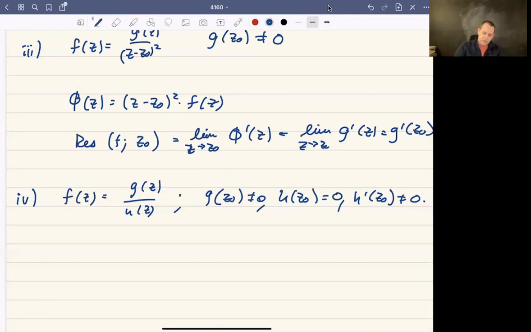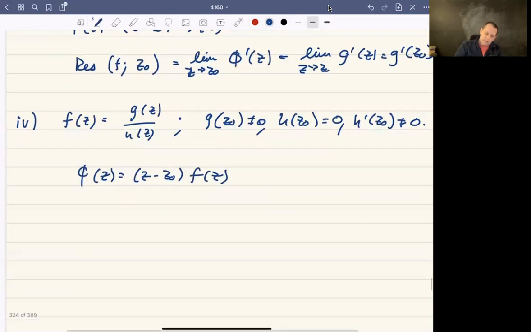And therefore, what you can do is look at phi, and phi is going to be z minus z naught times f. So if k is 1, this is just going to be the limit of the 0th derivative, because you take k minus 1 derivatives. Our k is 1, so you take 0 derivatives.